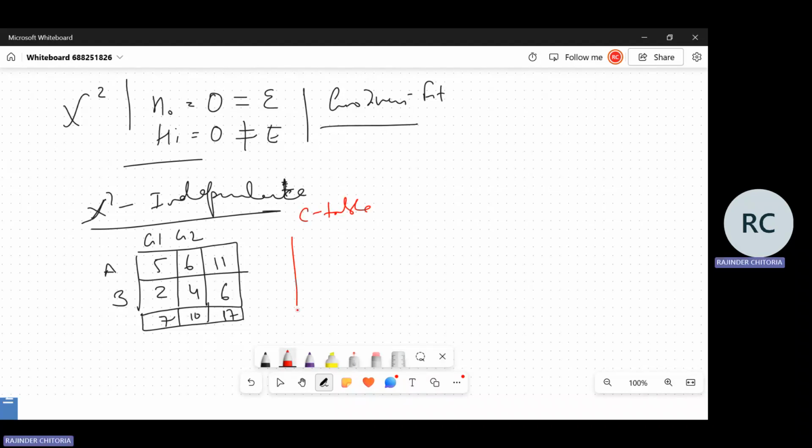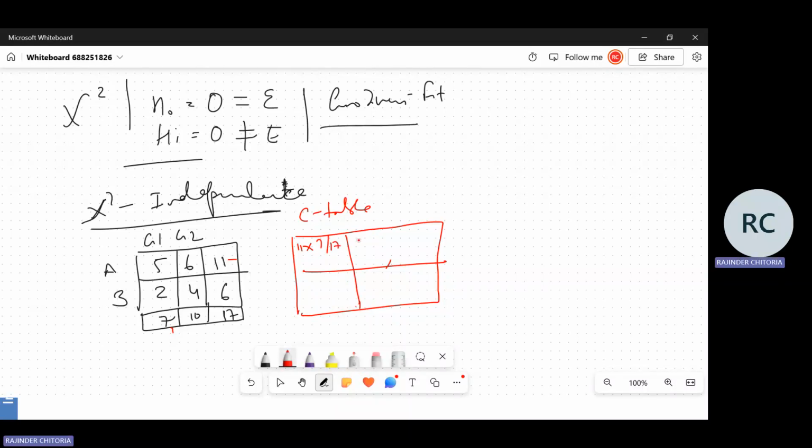So the contingency table formula would be row total into column total divided by grand total. Which means here we have 11 into 7 divided by 17.